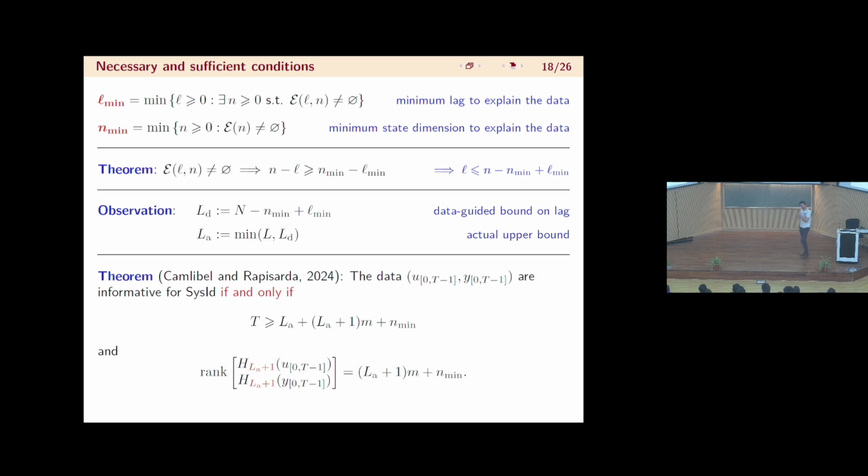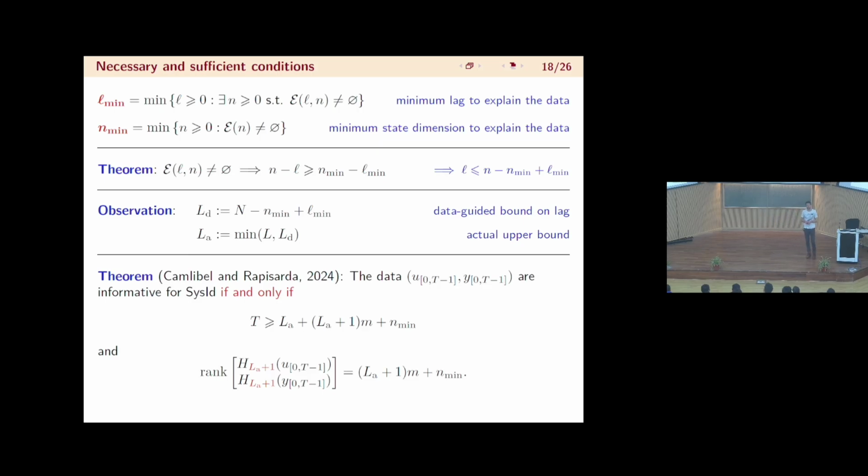Well, using that actual bound on the lag, Camlibel and Rapisarda formulated the following theorem. The data are informative for system identification if and only if T is sufficiently large and the rank of the input-output Hankel matrix of depth L_A plus 1 is equal to L_A plus 1 times m plus N_min.